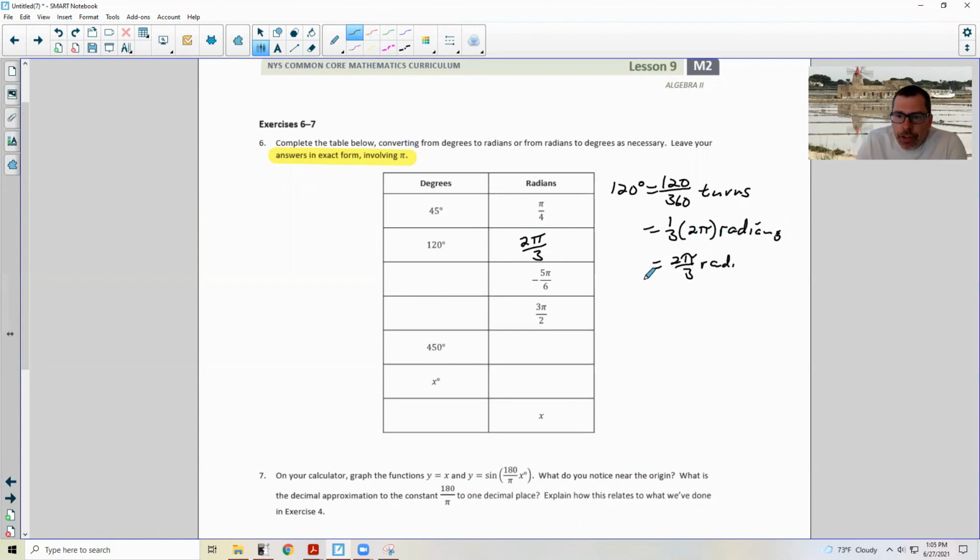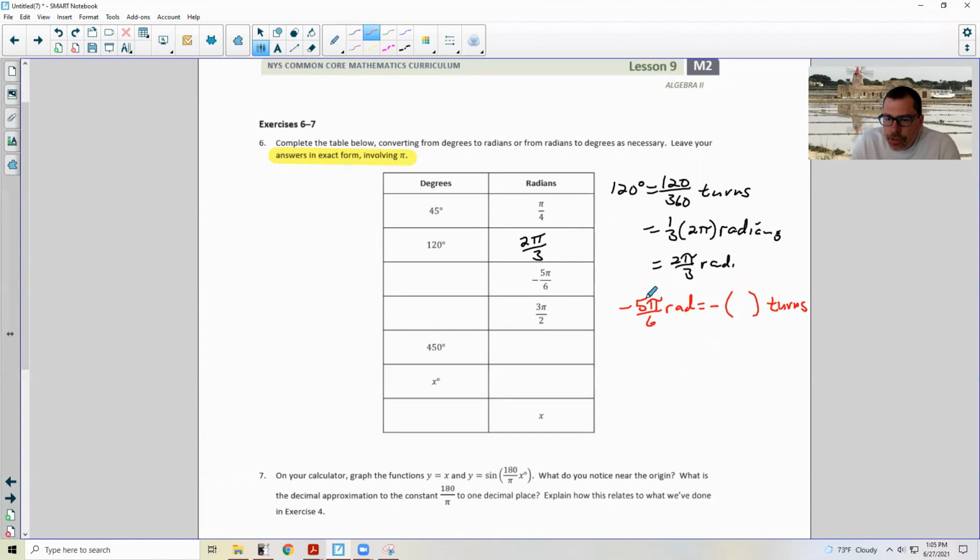Now we're going the other way for this one, and it's going to be negative 5 pi over 6, and that is in radians if you see the pi symbol. Radians equals negative some turns.